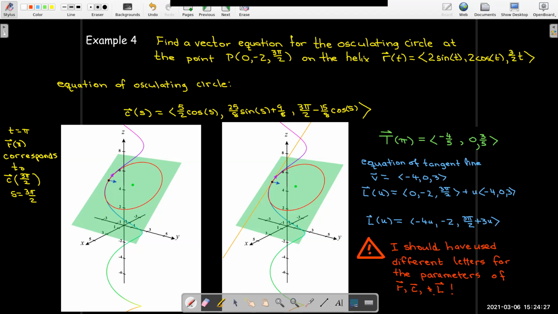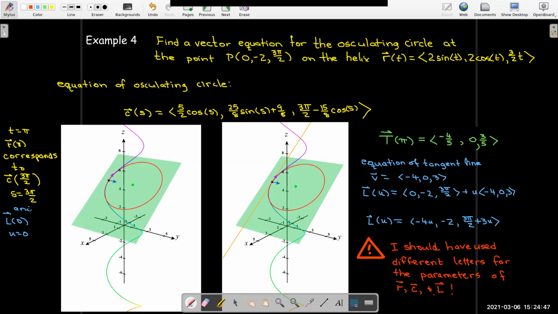And then our point P corresponds to L of 0. So when u equals 0.